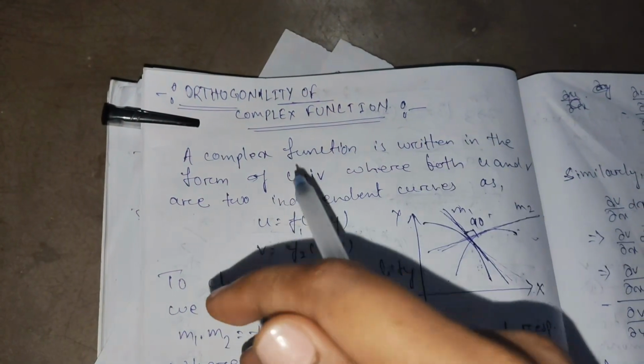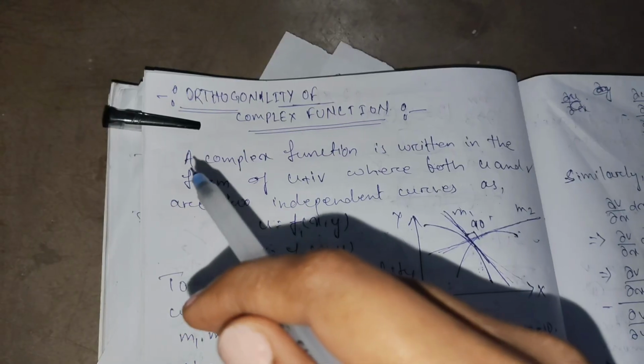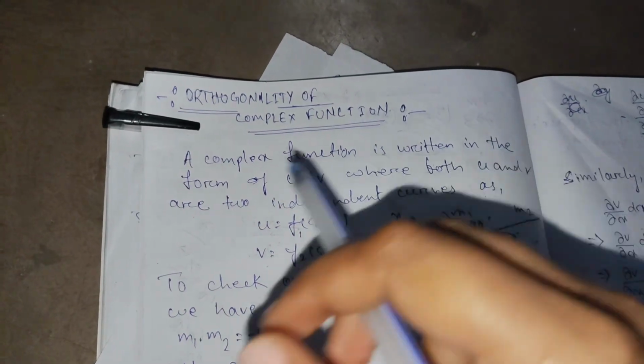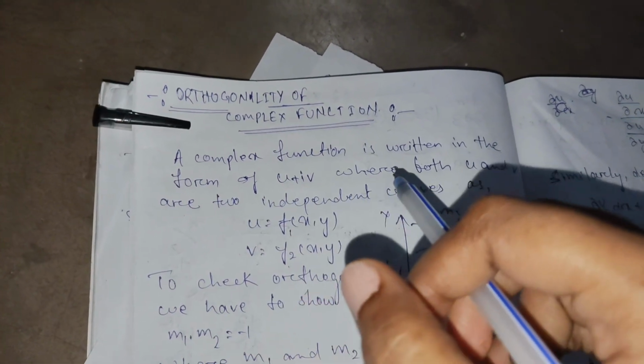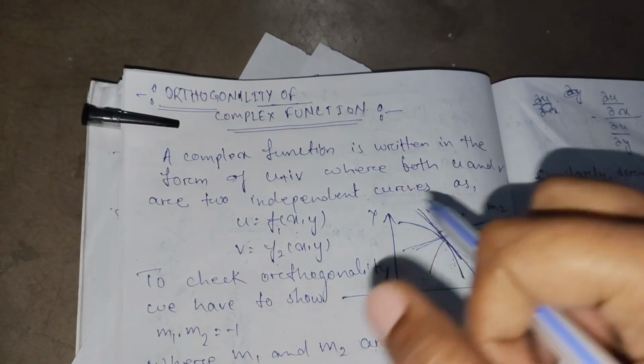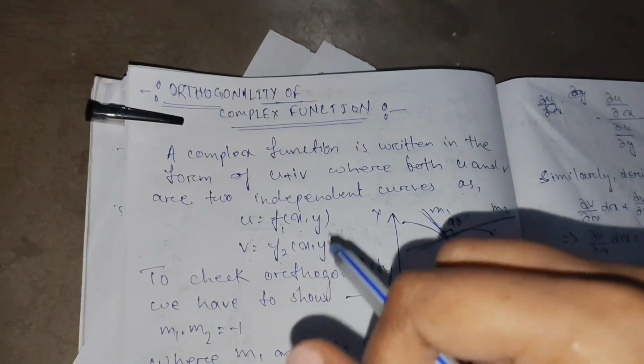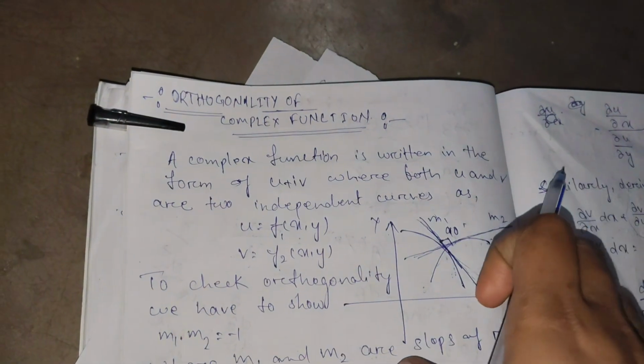So let's start with the complex function. The complex function is written in the form u plus iv, where both u and v are two independent functions: u is equal to f1(x,y), v is equal to f2(x,y).